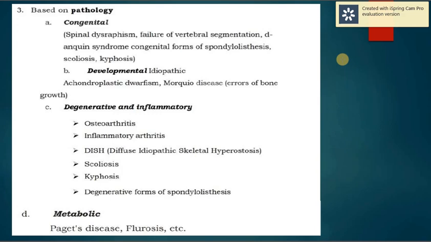The other type is degenerative and inflammatory, with conditions like osteoarthritis, degenerative conditions, inflammatory arthritis, diffuse idiopathic skeletal hyperostosis, scoliosis, kyphosis, degenerative forms of spondylolisthesis. In a metabolic type, you can see diseases like Paget's disease, fluorosis, etc.